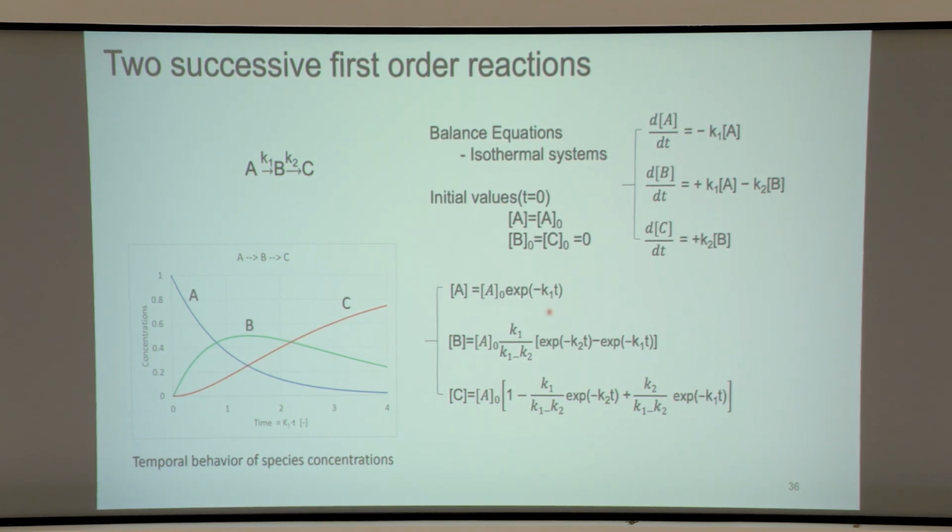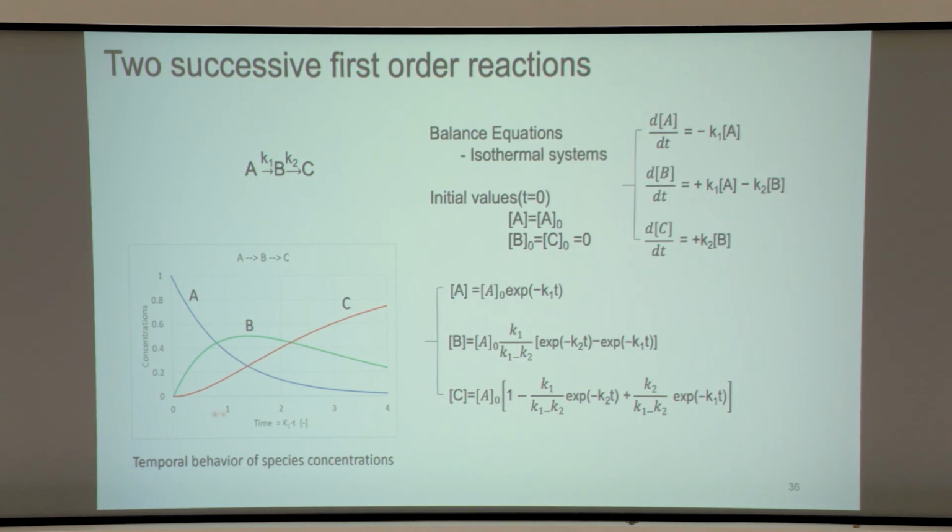A is A naught times exponential minus K1 t. Similarly for the concentration of B and the concentration of C, based on these equations here. And then we can plot how this might look. So A is 1 at the beginning, and it's decreasing as a function of time, and time here is simply K1 times t, so some arbitrary time scale.